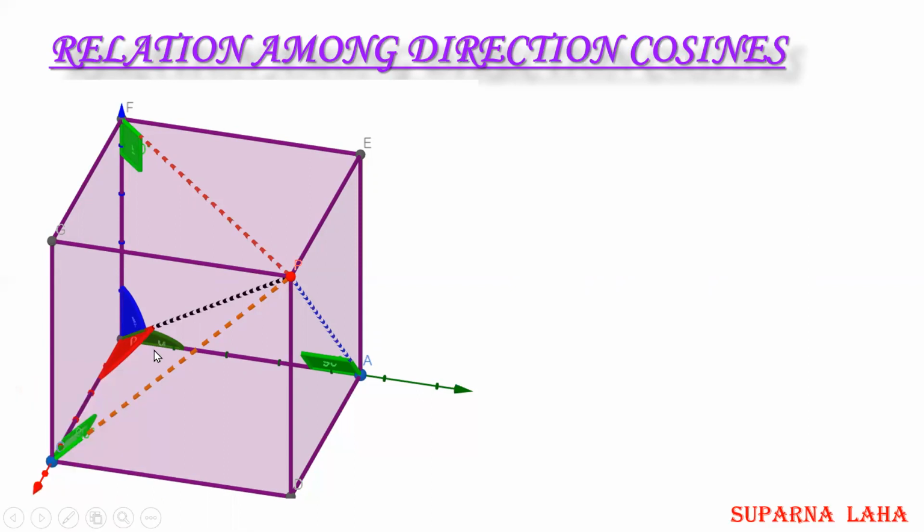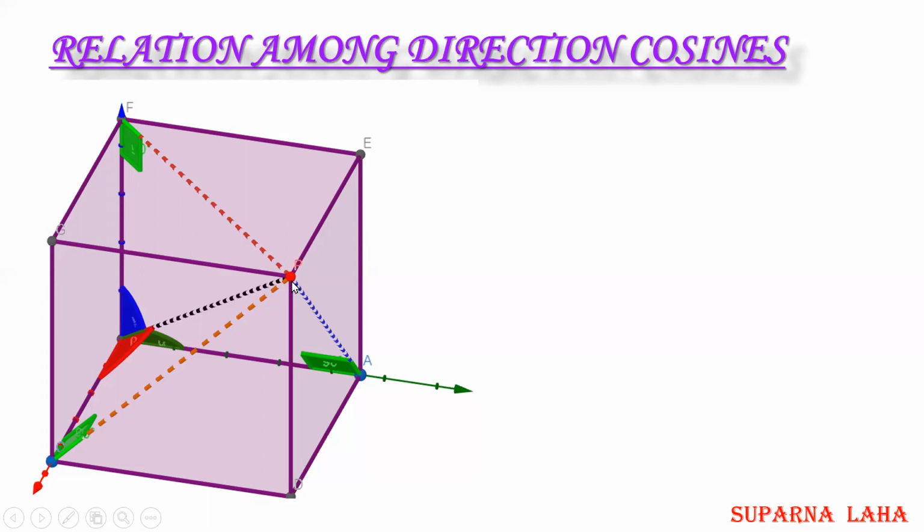Now look at this diagram first. This is the point P, and this is the origin. So OP is the line, and take this line as a diagonal of this figure.